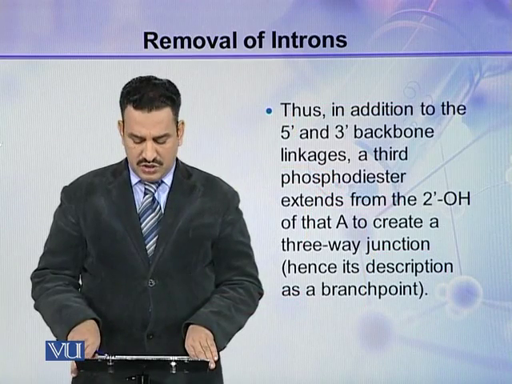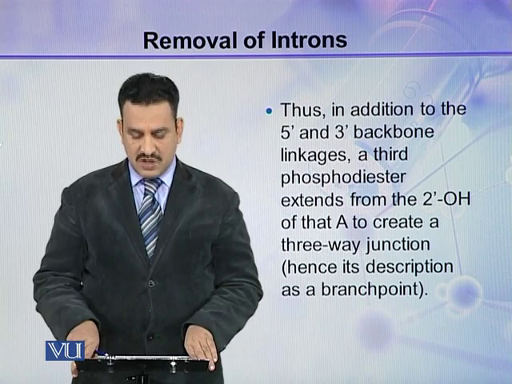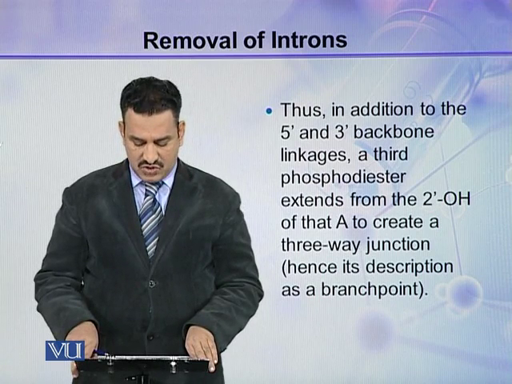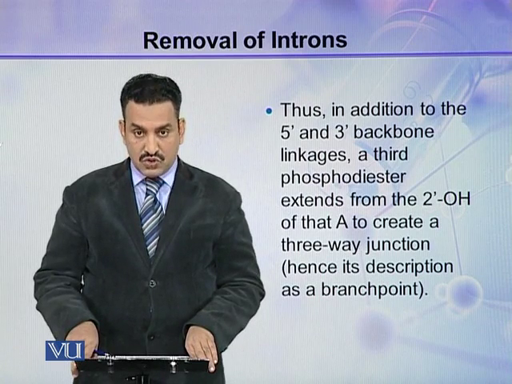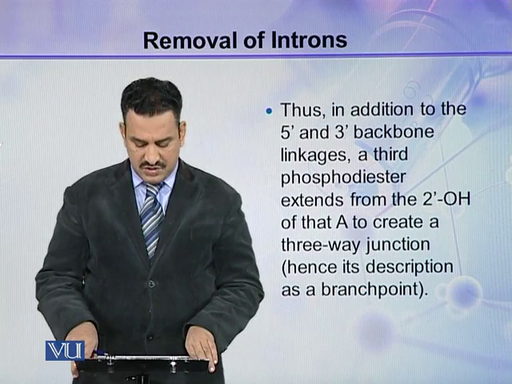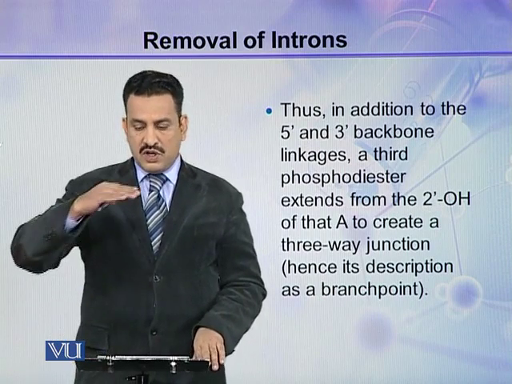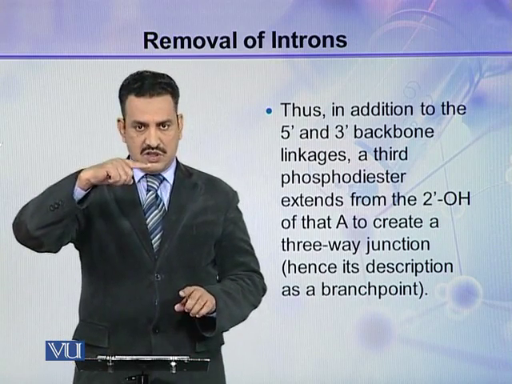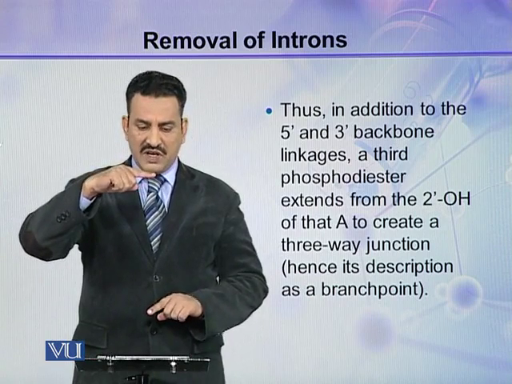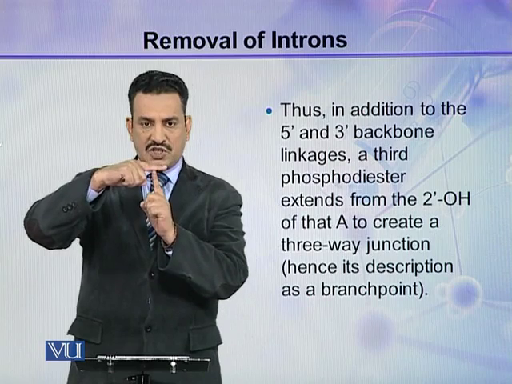Thus, in addition to the 5' and 3' backbone linkages, a third phosphodiester linkage from the 2' OH of that A is formed, creating a three-way junction. So that's why it is called a branch point. So this is the pre-mRNA, and here you can see a branch is formed.